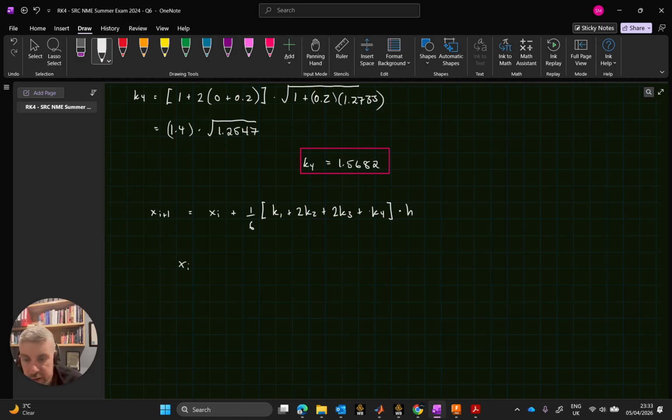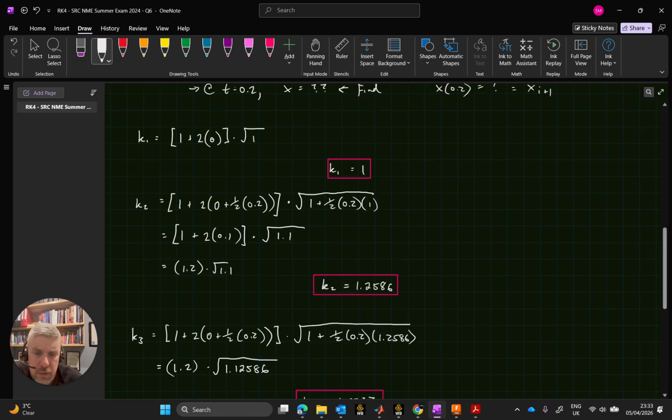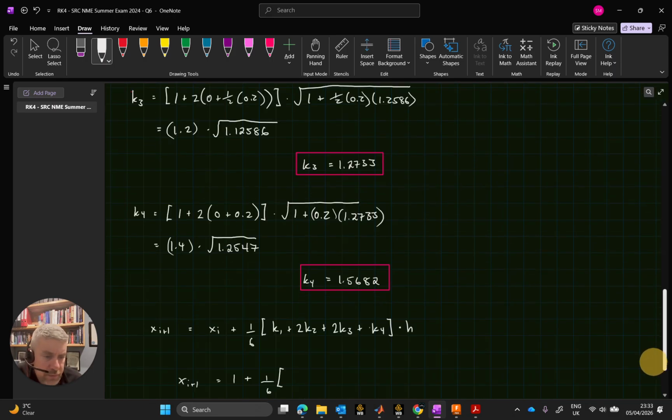So x of i plus 1 is equal to x of i, which is my current value of x at t is equal to 0, xi is equal to 1, given in the problem, plus 1/6 of, tidy that up, 1/6 of K1, I believe was 1. K2 is 1.2586.